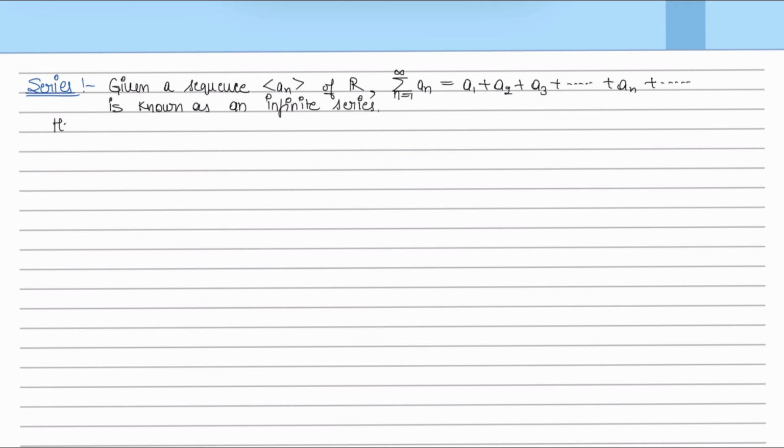Here an is the nth term of the series. So series here is nothing but adding all the terms of the sequence.